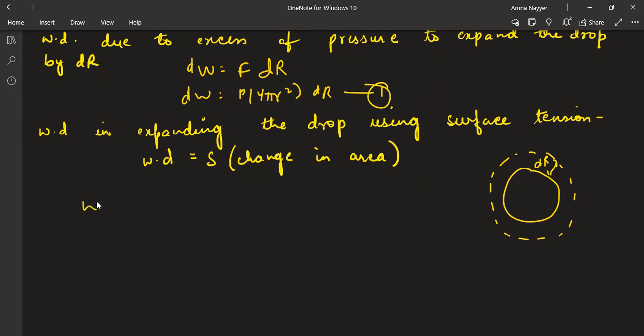Now see what is coming using this dW here. This will be surface tension into 4 pi R, see, total radius will now become R plus dR. Here R plus dR will become the total radius. So 4 pi (R plus dR) whole square minus 4 pi R square.